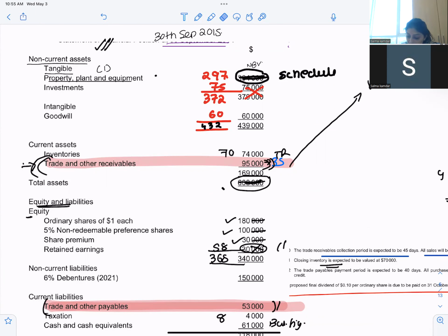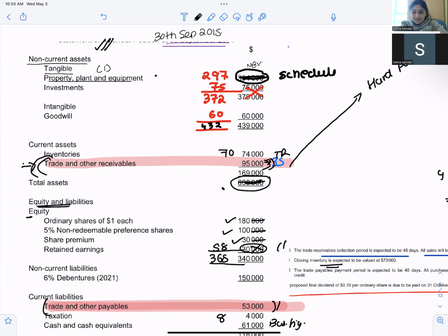Now over here, we will copy the same format of the 2014 balance sheet, where we will write the non-current assets the way they are given to us. We will write the tangible assets the way they are given to us. To write this, you get 1 mark.